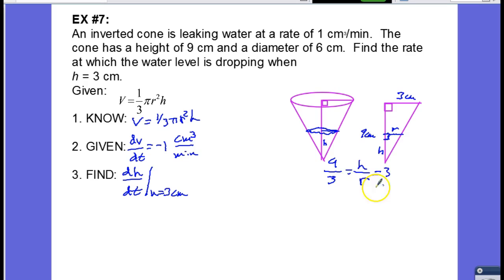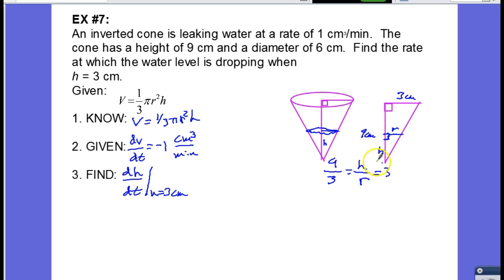So I noticed this, and I think that this will help me greatly simplify the calculus in this problem, because now when I take the derivative of V, I don't have to use the product rule and differentiate r squared and h.